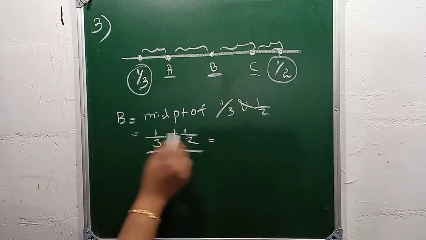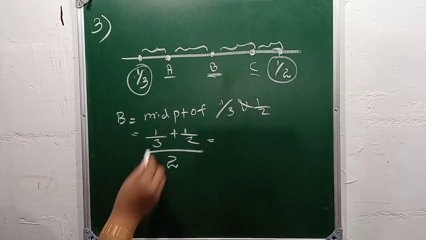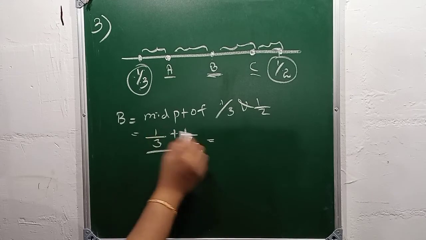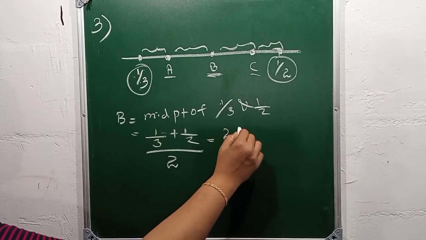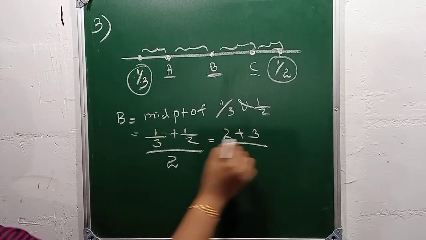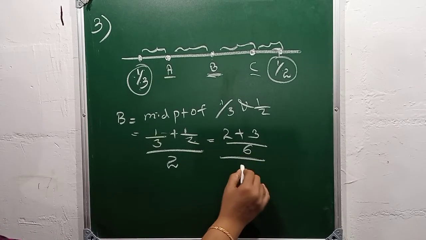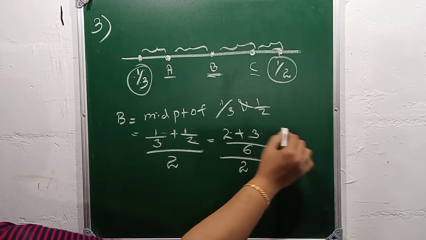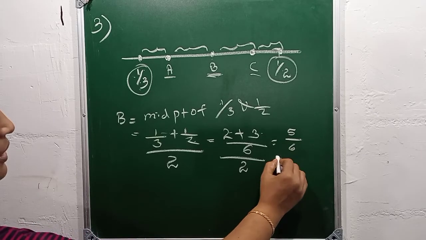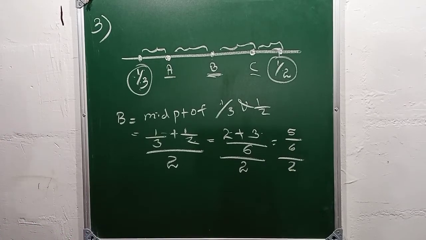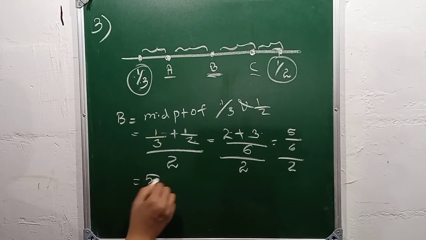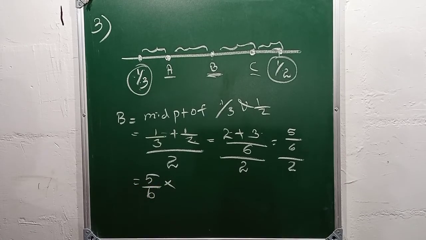Then what is 1 by 3 plus 1 by 2? From the second chapter we know, using the cross multiplication method, 1 into 2 is 2 plus 1 into 3 is 3, by 3 into 2 is 6, by 2. 2 plus 3 is 5 by 6, by 2. A fraction divided by a number means the fraction into the reciprocal of that number.